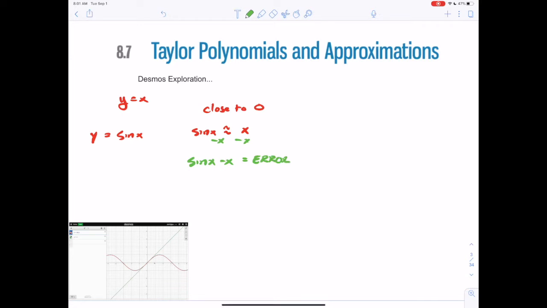Remember, the error is just the distance in between them. All right? So I'm going to type this out here and graph my error. Y equals sine x minus x, and I'll do that in black. Okay, just so you guys understand the graph: when we were really close to 0, the green and the red functions overlap.